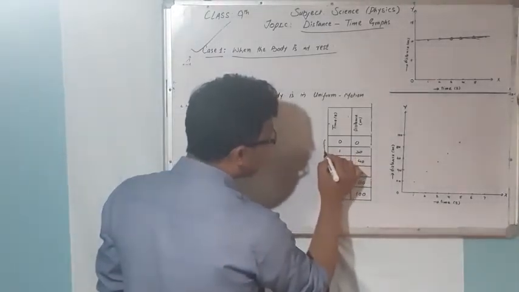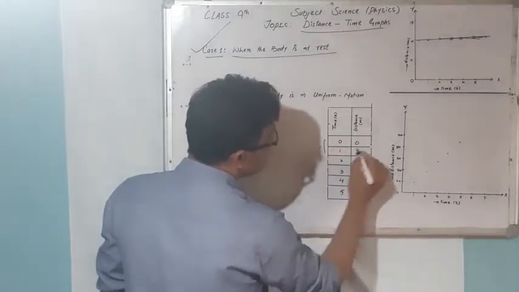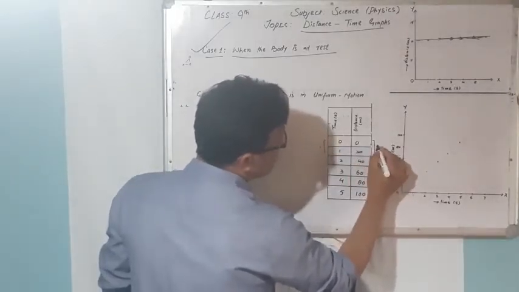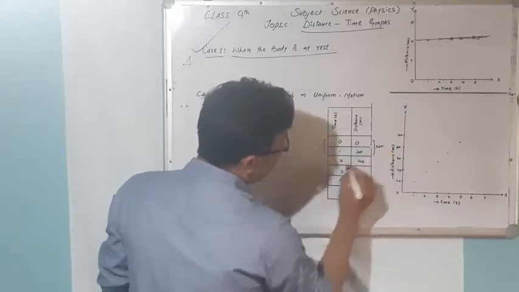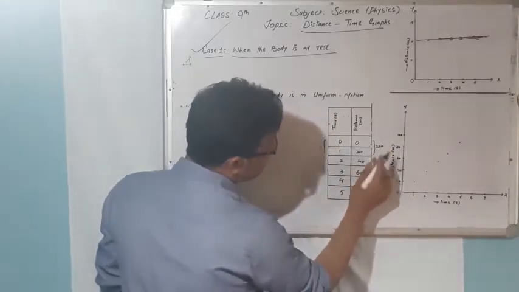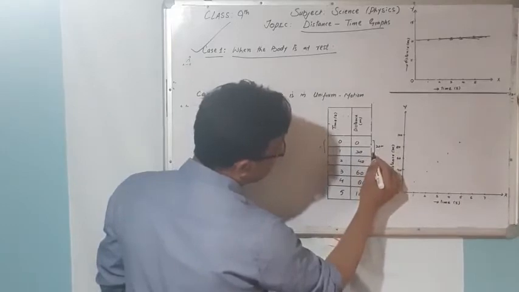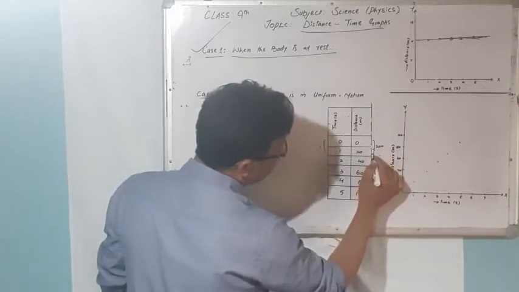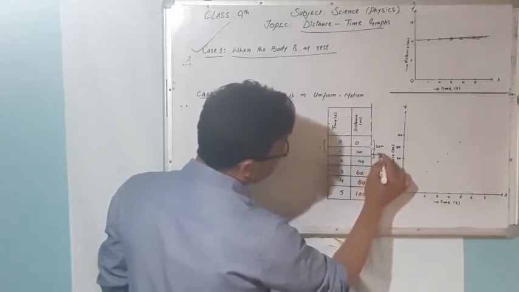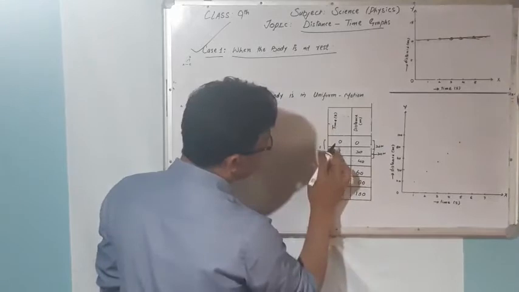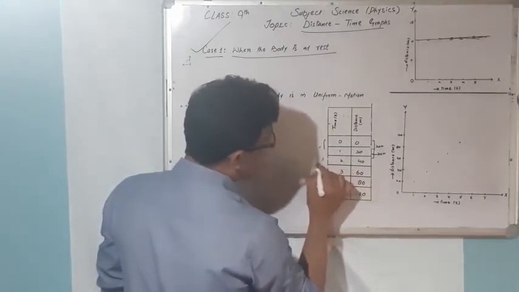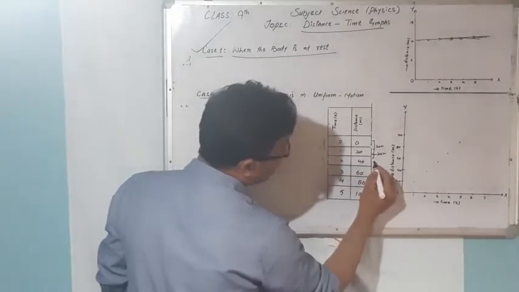Suppose in the first second it is covering 20 meters. And in the second interval, it is again covering 20 meters. That means the time interval here is 2 minus 1, that is 1 second. In this also it covers 20 meters.